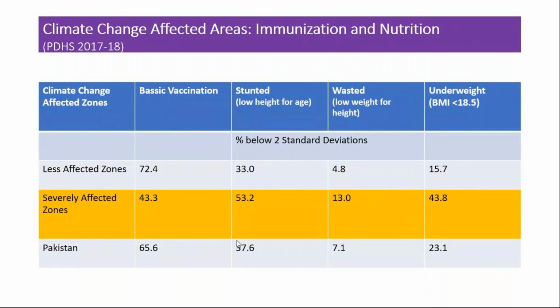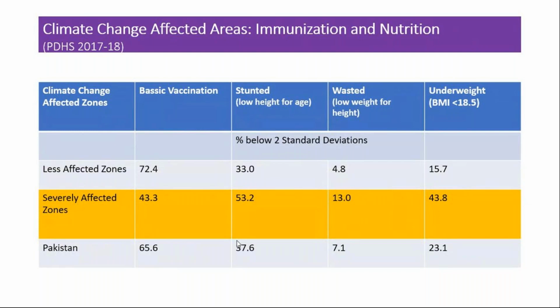In the first column, you can see that the Pakistan Agriculture Research Council has divided the country into mainly two zones: less affected zones, which are mainly the northern part of the country, and severely affected zones, which are the southern part, like Sindh and Balochistan and South Punjab.